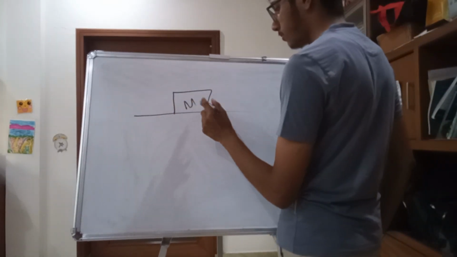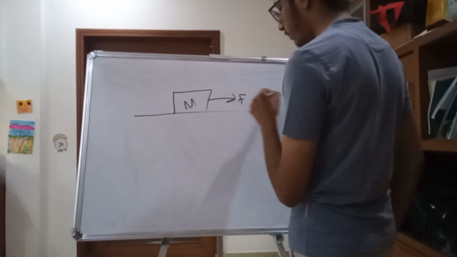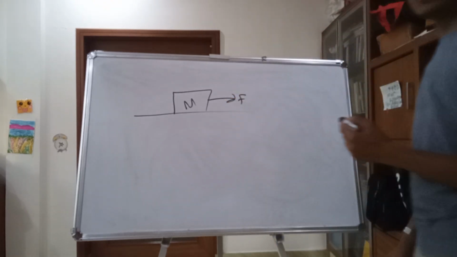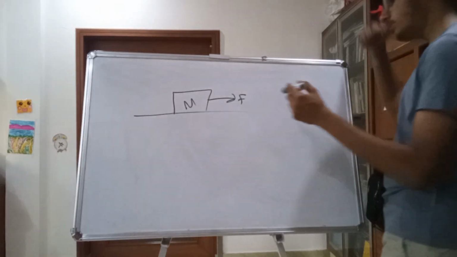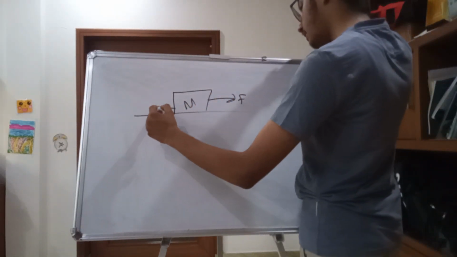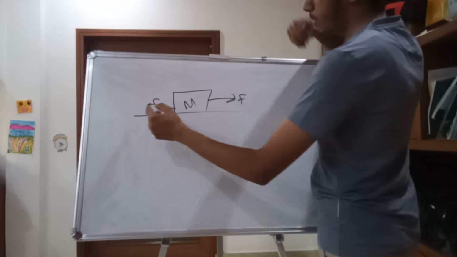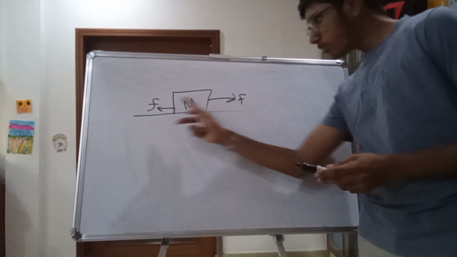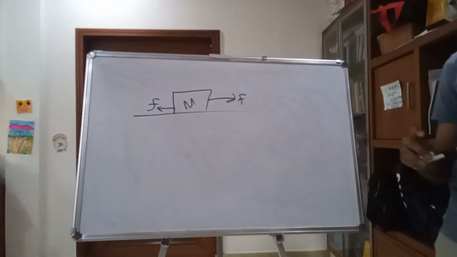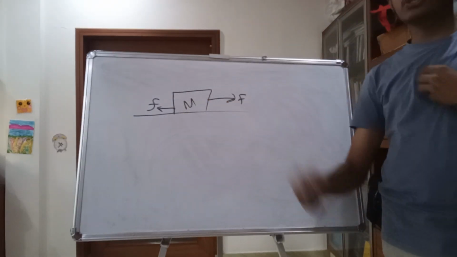Now let's say this is a block of mass m and I am applying some force F and it is not moving, even after applying the force F. That means some kind of friction is acting in the opposite direction, which is preventing the block from moving. So this is getting equalized with this, cancelling each other out.